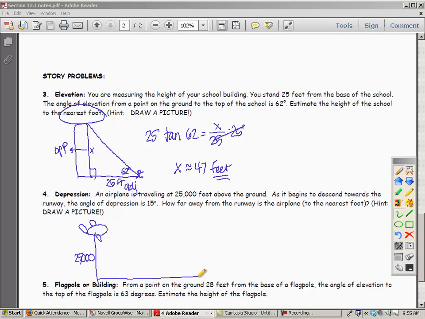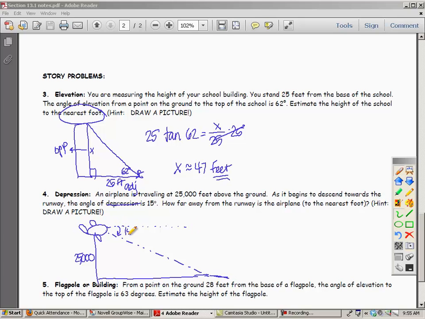Here's the ground. Okay? As it begins to descend towards the runway, it's going down, right, towards the runway. Here's where my runway starts. The angle of depression, the angle it goes down, is 15 degrees. Now, that assumes if the plane continued, it's going to start decreasing.